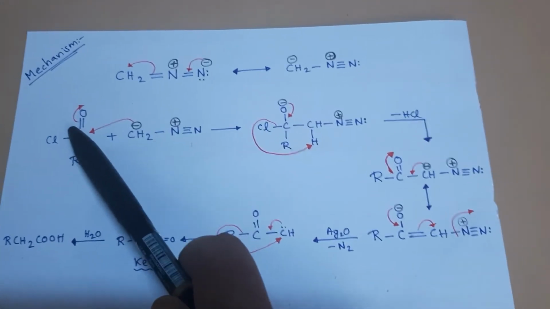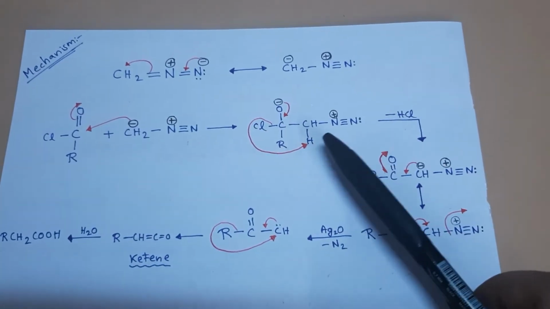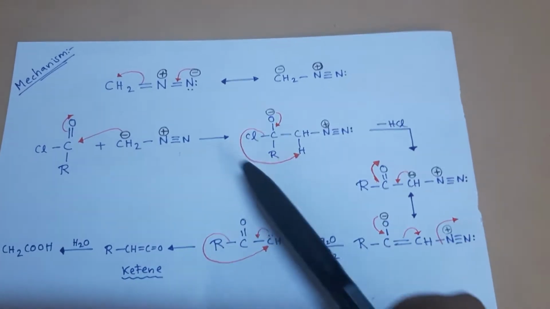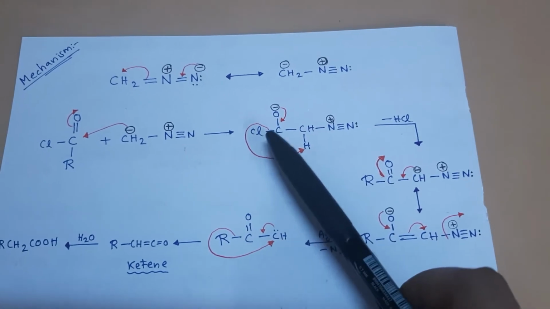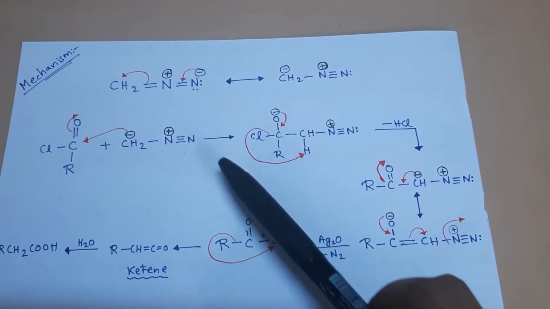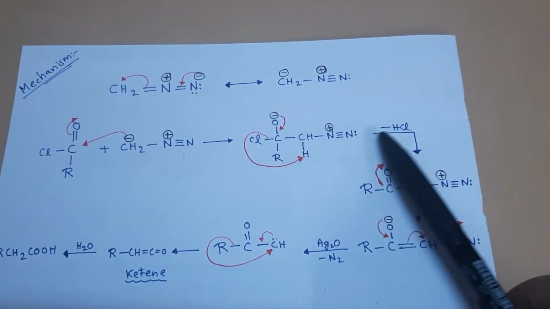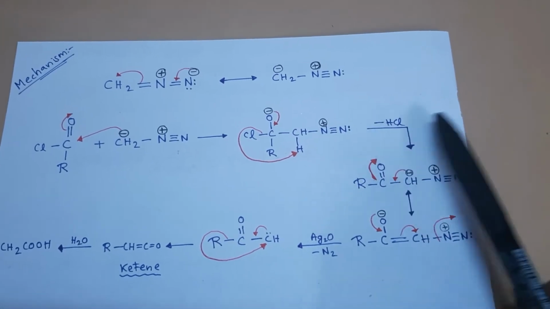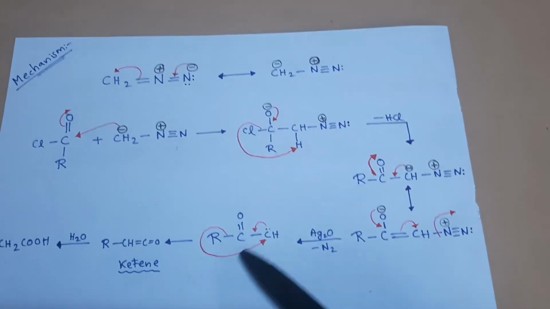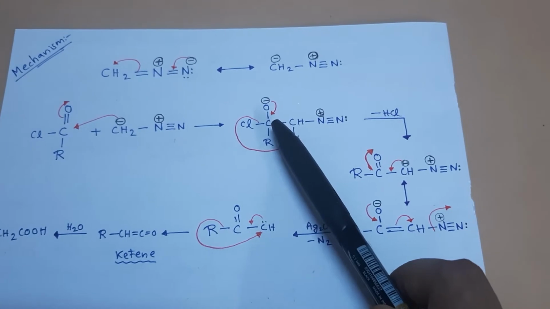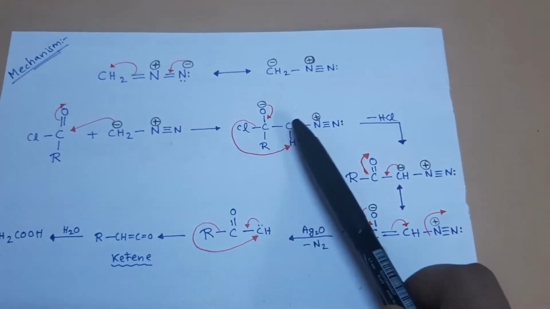Then it gives birth to this intermediate. Then this chlorine joins with hydrogen to give HCl, which is removed later on, and the negative charge on the oxygen is imparted as a double bond here.